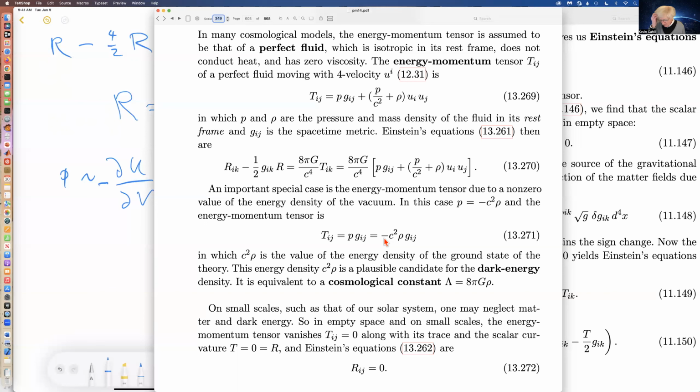And that was a surprising discovery that was made about 20 years ago by a group, one of whose principal leaders was a person who gave us a colloquium 2 or 3 weeks ago.